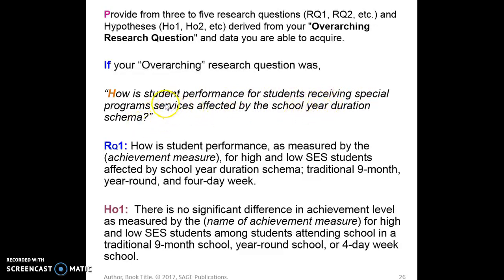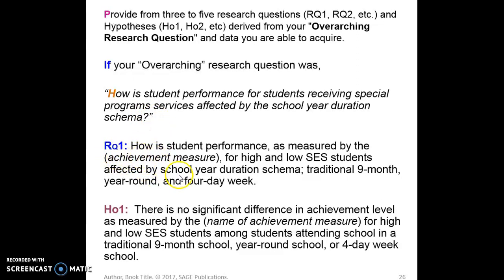Now, special program services could mean a lot of things to a lot of people. Before you get to this point in your study, you will have defined these kinds of terms, what you mean by special programs and services, the ones that you are going to look at. And when you talk about school year duration schema, you will have talked about that. You will have defined all these terms before you get here.